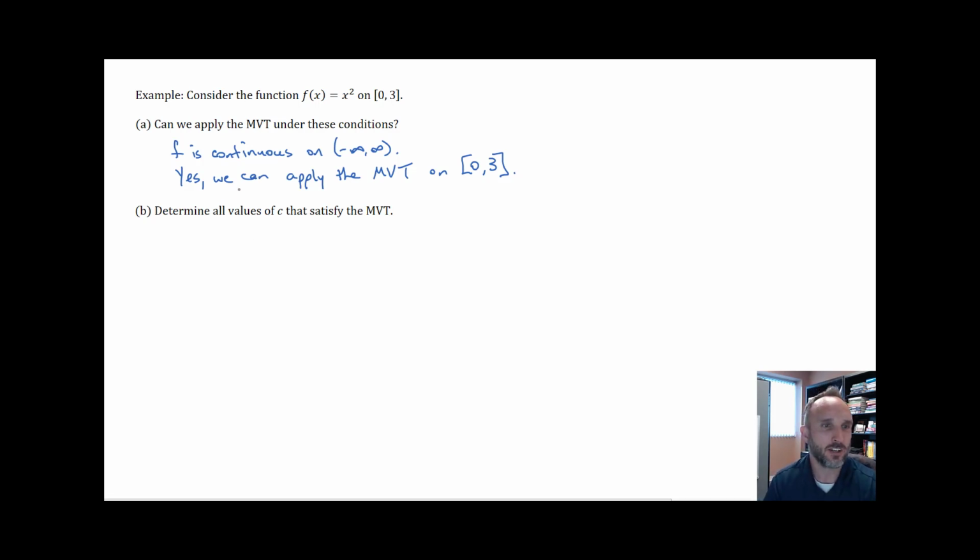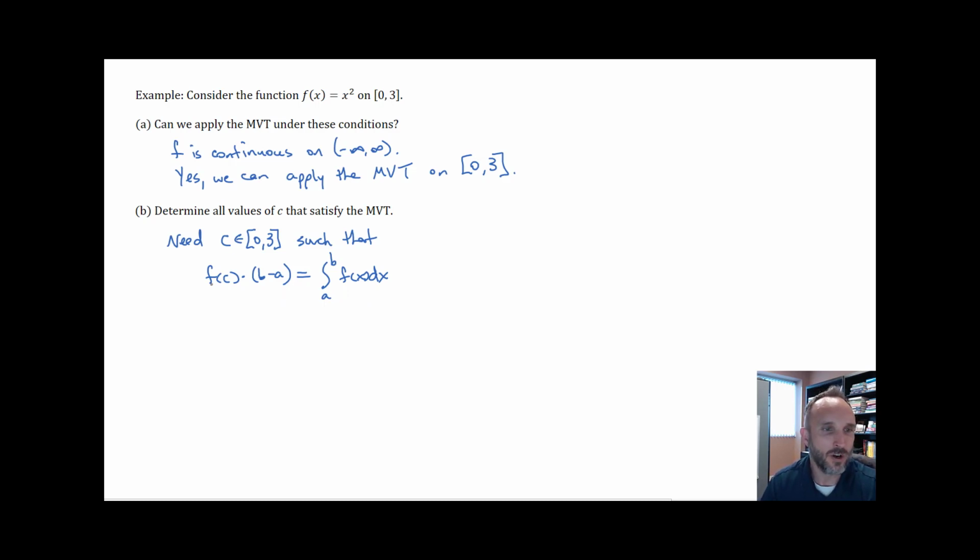So here's what we have. We need, now what does C satisfy? We need a C in the interval from 0 to 3, right? Such that f of C times the width of the interval equals the integral from a to b of f of x dx. All right. Now let's plug in everything we know here.